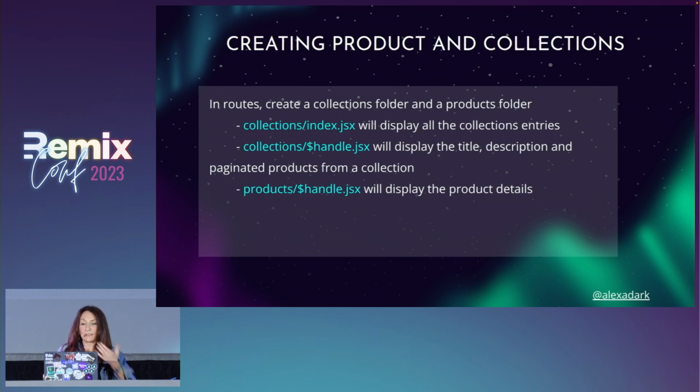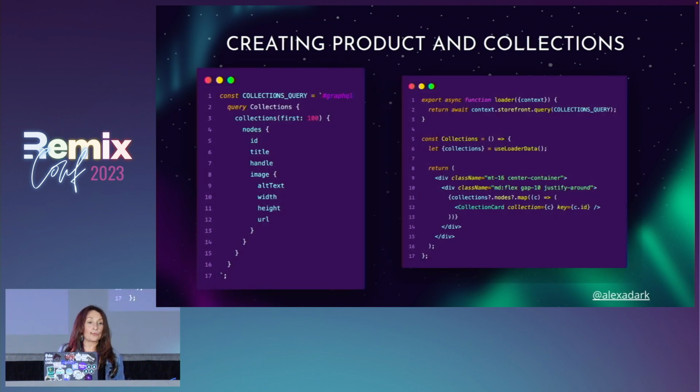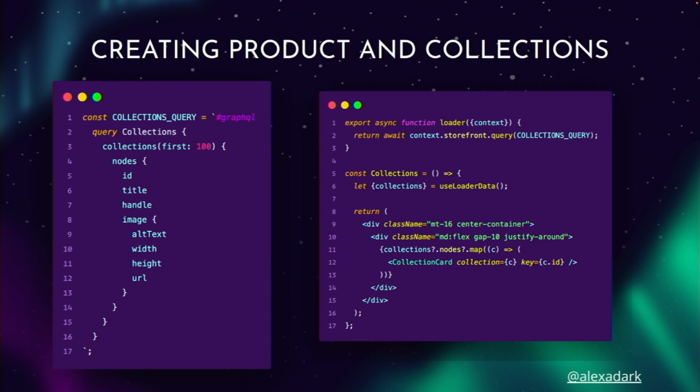So we create our products and collection, as we have seen in the repo, with these two routes. And for that, here is the example for the collection details. We create a query. So in my collection details, I just want to show the image from the collection. I want the title and I want the handle to link to the collection details. So I get that in my query.